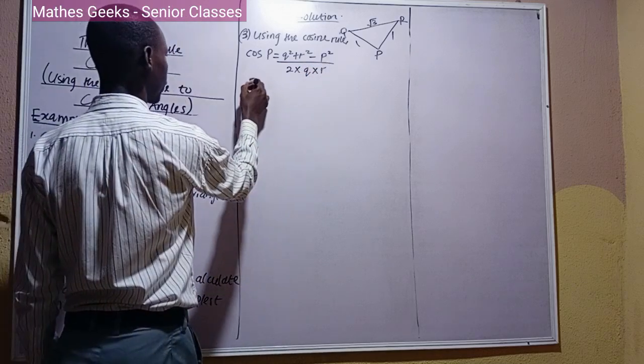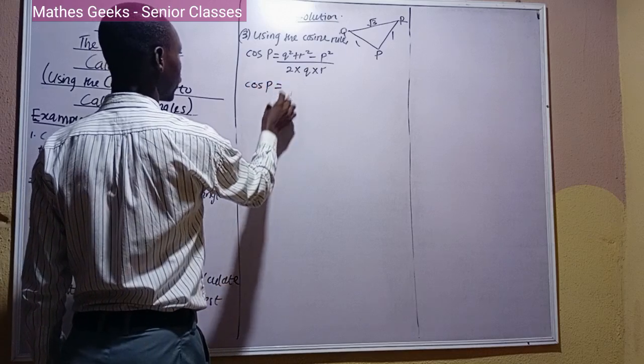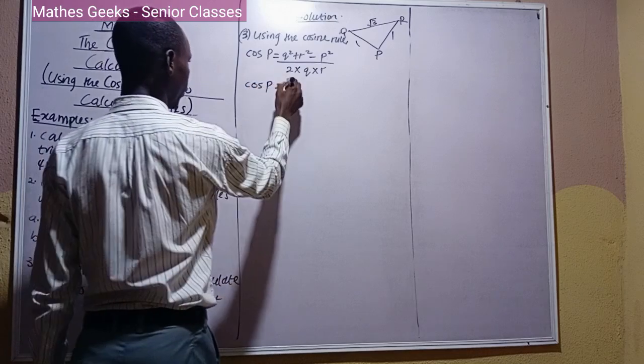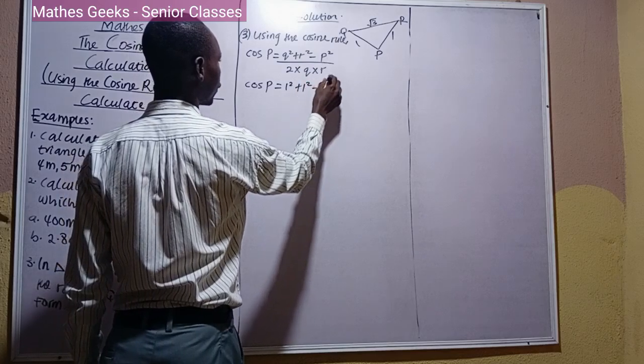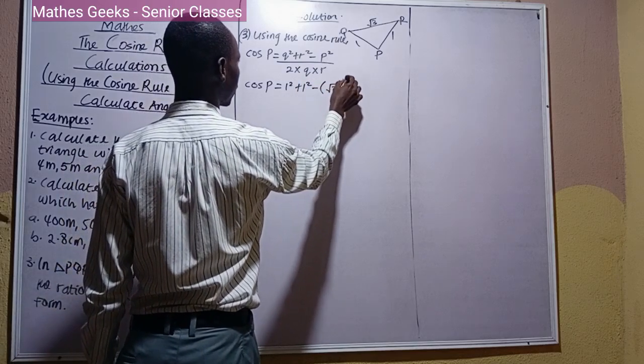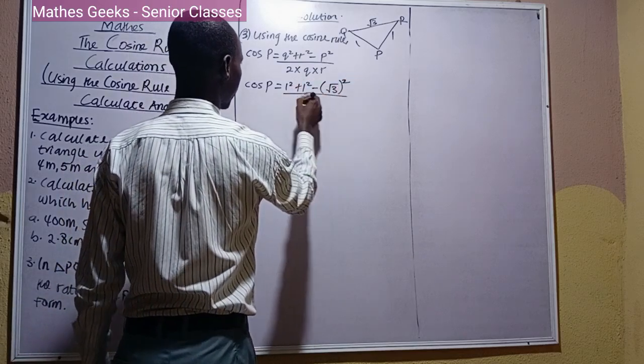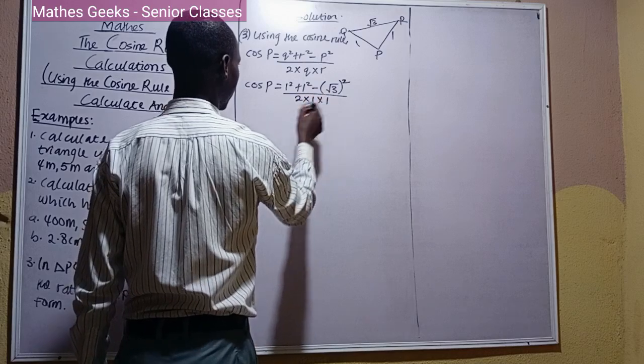So cos P is equal to 1 squared plus 1 squared minus root 3 squared over 2 times 1 times 1.